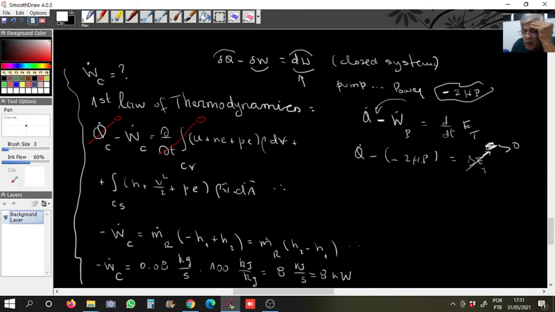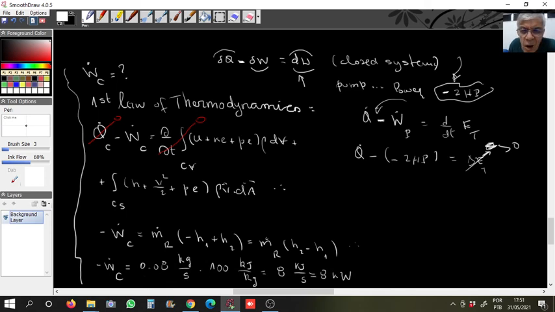That's why when you calculate the power of the pump or the compressor, you find minus. But if you go to the market and choose a pump, never say, oh, I want minus 2 HP of power. But in the first law, because you put a minus sign here, the sign of the power is negative for the compressor.